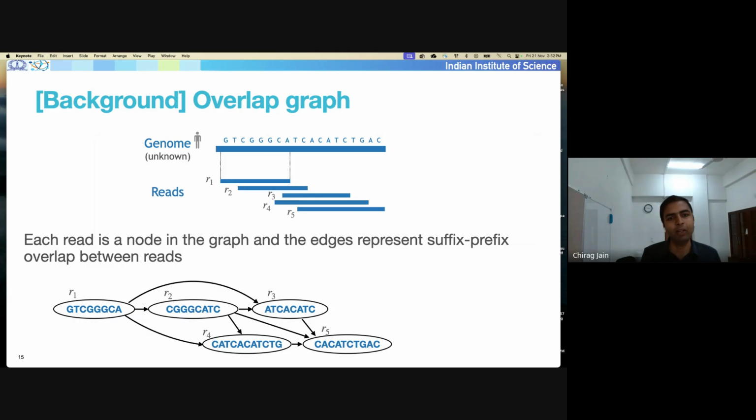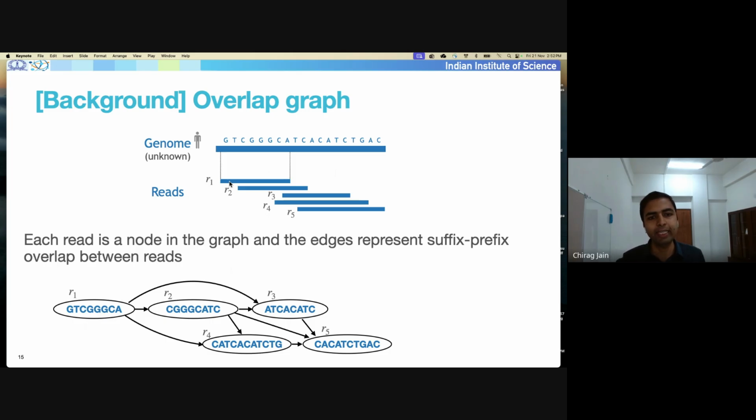As a background, let me describe what an overlap graph means. Let us consider this toy example in which you have a genome sequence, and let me say that you have sampled 5 reads from this genome sequence. The overlap graph is defined in the following way: each read is a node in the graph, and the edges represent suffix-prefix overlap between reads.